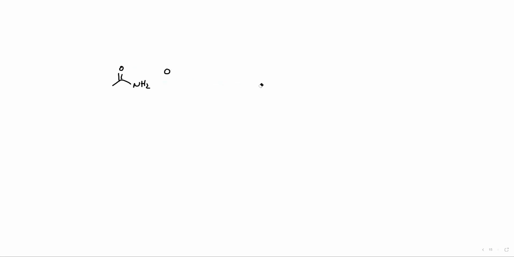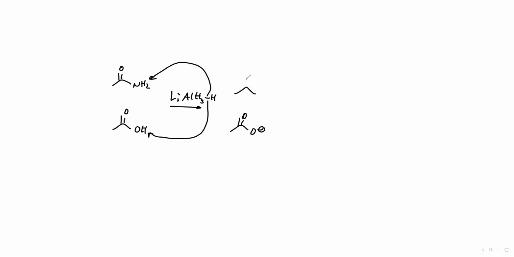But when we think about other basic reactions, such as our reductions, so let's say we have lithium aluminum hydride, just like with the carboxylic acid, which I'll use as a counterexample in all of this, right? Lithium aluminum hydride, the first thing it does is attack a proton, right? It's going to do the same thing on the amide. And so with the carboxylate and the amidate, we get those ions first.